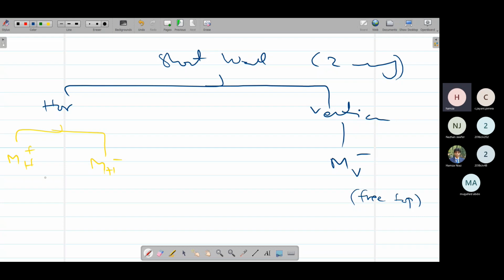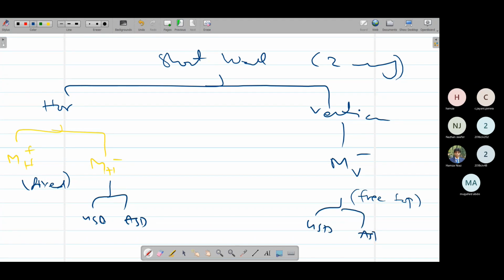It is fixed on both horizontal sides. And both moments we have to design by USD and ASD. So this way we design the steel for the short wall. Any issue in this?